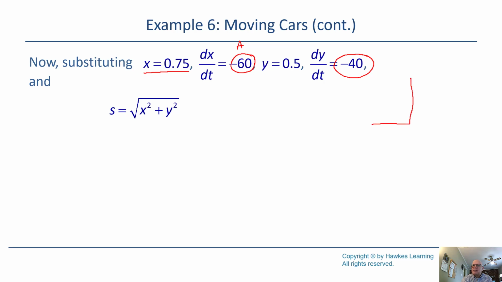Remember, the picture looked something like this as the cars were approaching the intersection. So here's S, here's X, here's Y. We can find this because we've got 0.75 here, and 0.5 there.